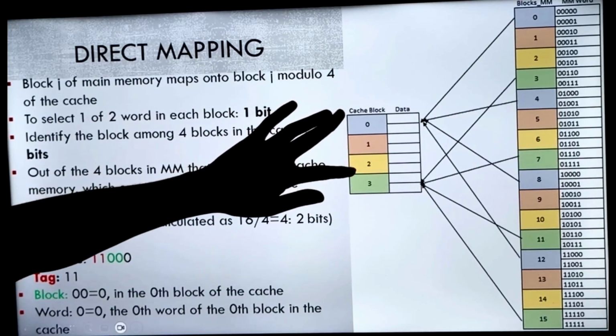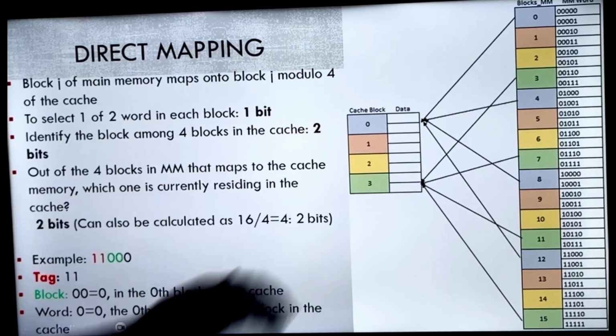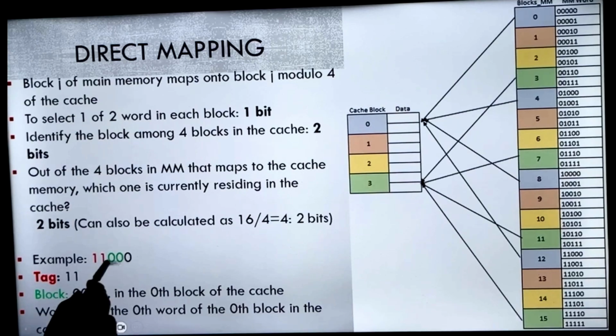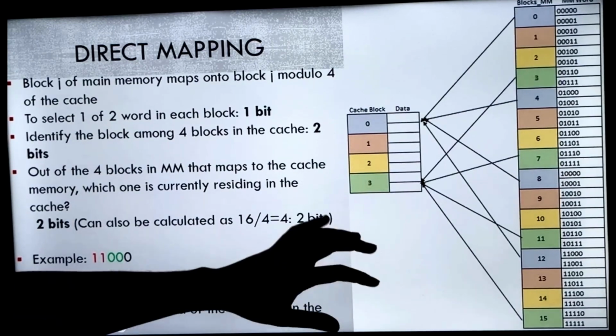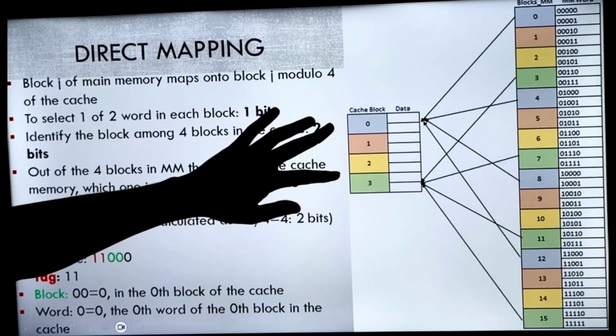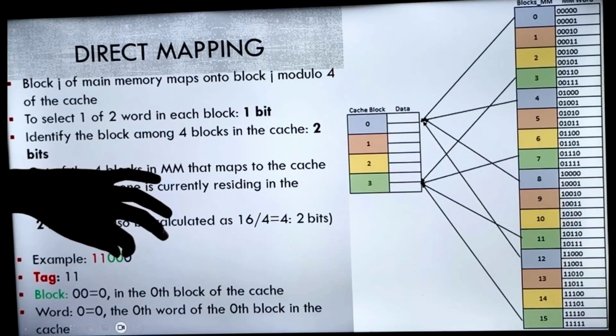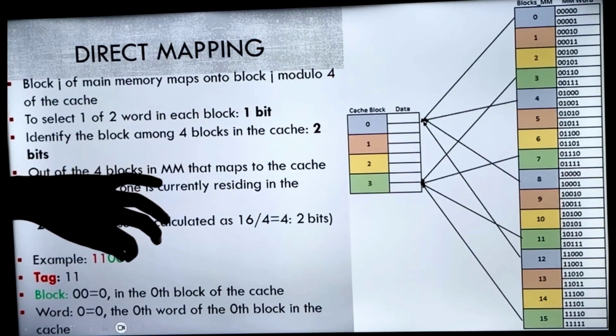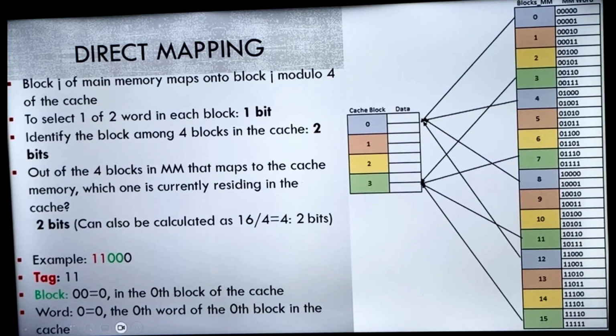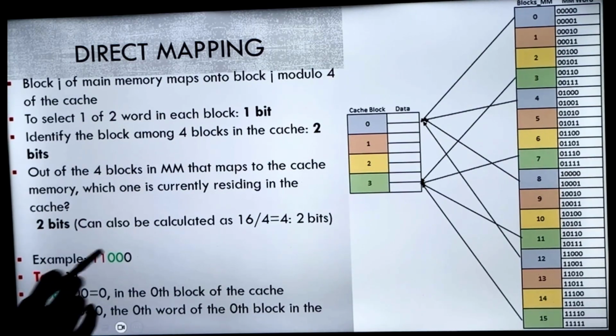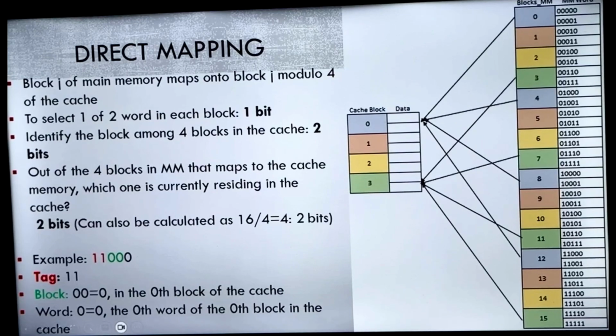So how many bits do I need to get any one of these blocks? 2 bits. So next 2 bits for block. And next I have tag. So whatever bits remain after assigning to word and block, no matter how many bits remain, all will be in the tag only. Now only 2 bits I have, so these 2 are nothing but your tag.